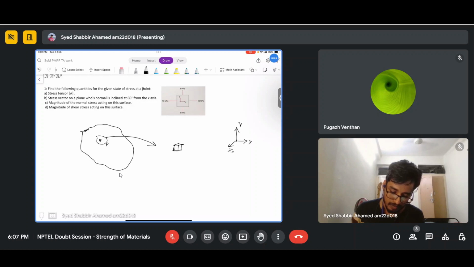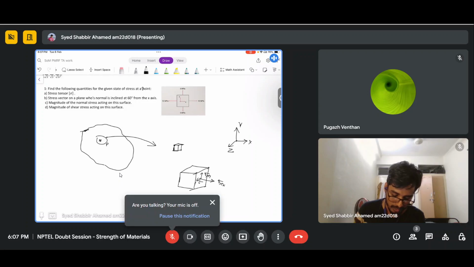For this small cube, there will be stresses acting like this: sigma xx, this is sigma xy, which is the shear stress, and sigma xz.